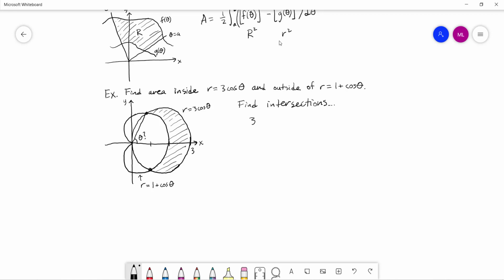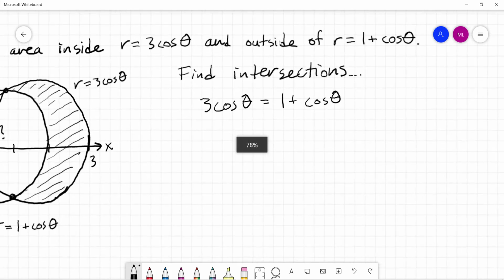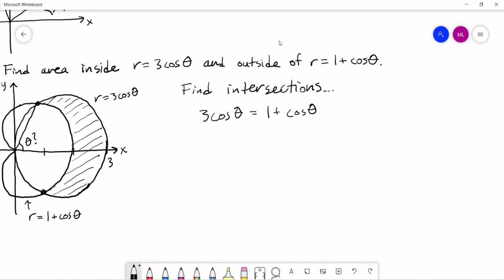So I'm going to set 3 cosine of theta equal to 1 plus cosine of theta. Let's zoom in a little bit here and solve. I'm going to subtract cosine of theta from both sides. I will get 2 cosine of theta equals 1. Divide both sides by 2. I will get cosine of theta equals a half. And that tells me that theta is going to be the arc cosine of a half, the angle whose cosine is a half.